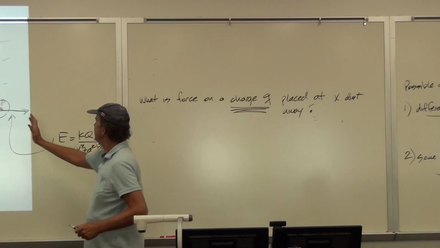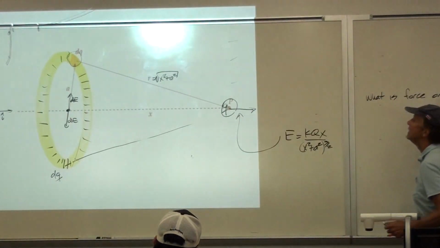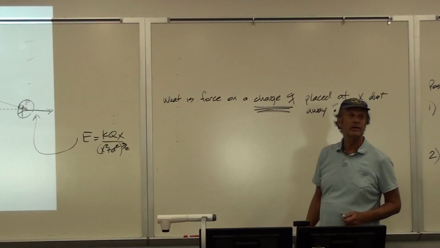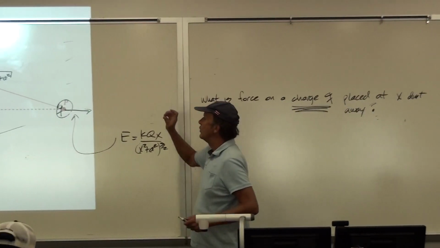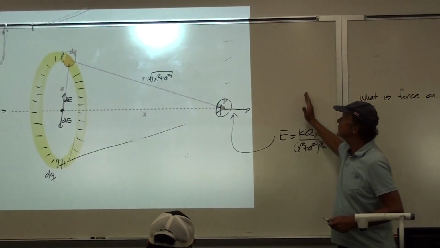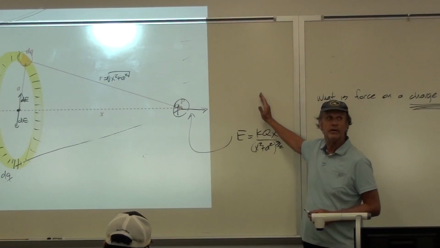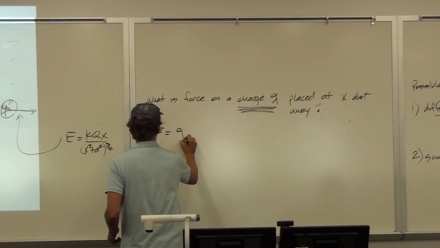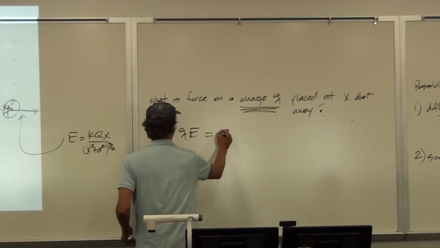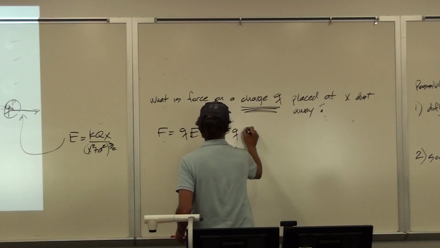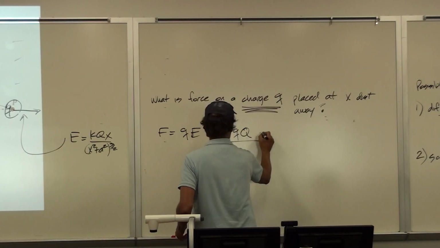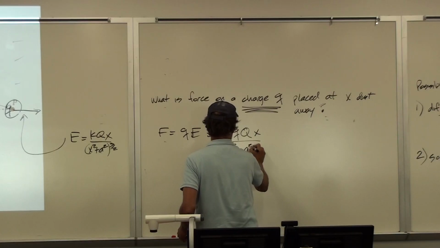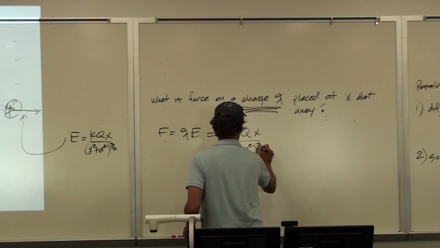So imagine the electric field to be like a stream that's coming away from these charged particles. And then you drop this ping pong ball, and that's a charge that then feels that force. And that force, F, is equal to qE. So that's going to be K little q big Q times x divided by x squared plus a squared to the 3 halves power.